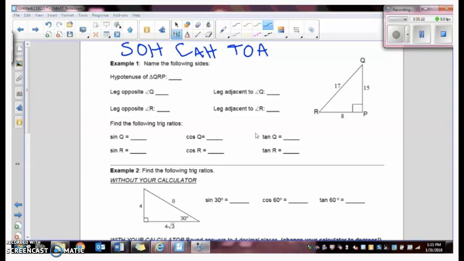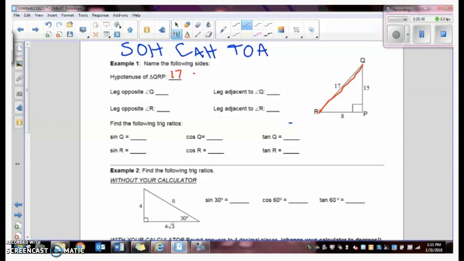We're going to start off by naming our sides, and if you would like, you may pause the video and see if you can do this on your own, or you can just follow along, whatever feels comfortable for you. The hypotenuse of QRP in this case is the long side, the one opposite the right angle.